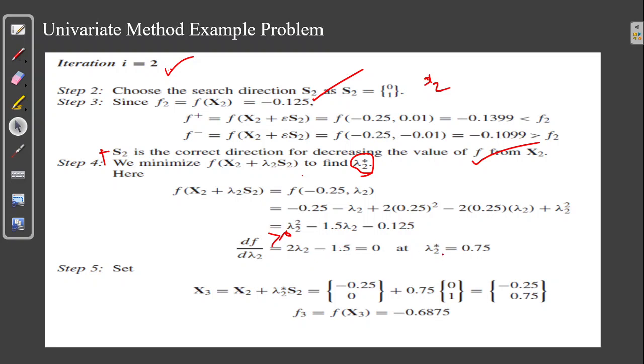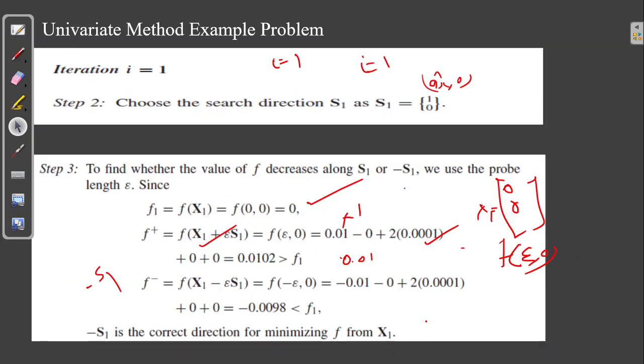So the optimum value will be lambda 2 equal to 0.75. Then we get the new solution x3 equal to minus 0.25, 0.75, and substituting in the objective function we get the new value, minus 0.6875.